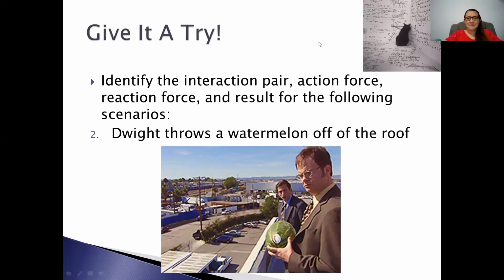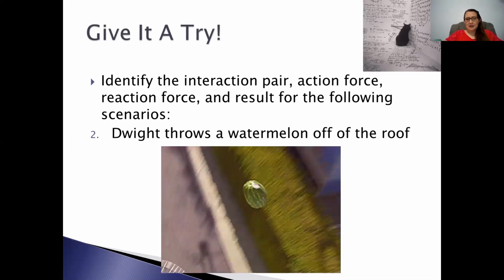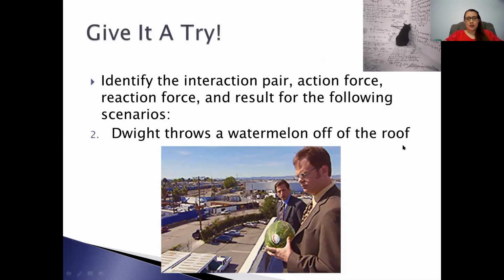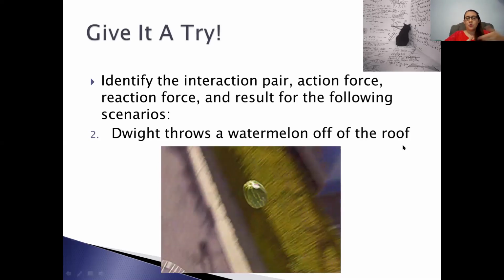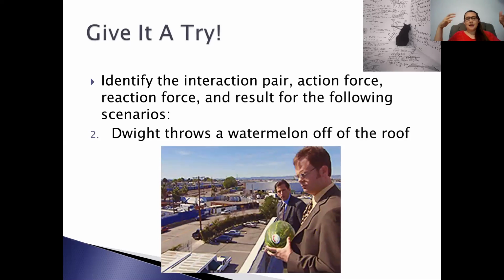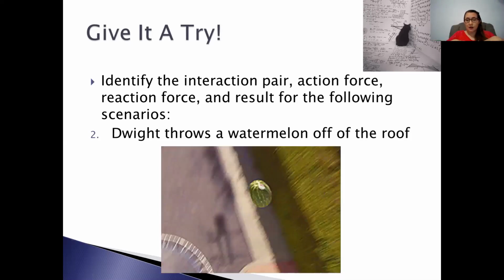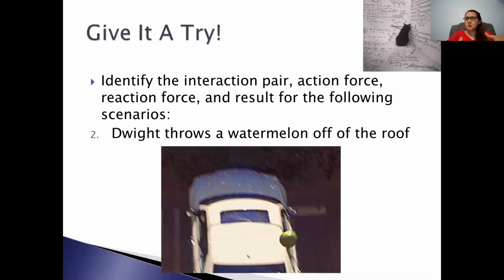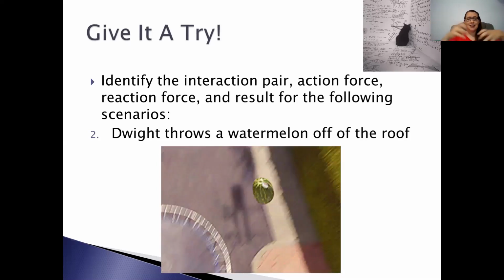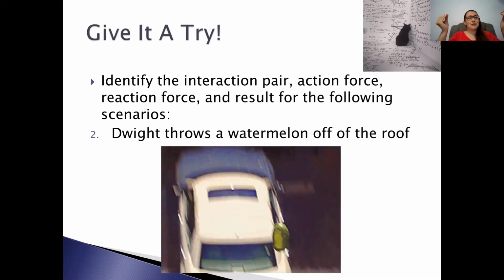All right, let's talk about it. So again, there are a couple of examples that you could choose. You could choose the interaction pair being the watermelon and the Earth, right? So in that case, the Earth is pulling down on the watermelon. And actually, the watermelon, since it has mass, it also has gravity, it's pulling slightly up on the Earth as well.